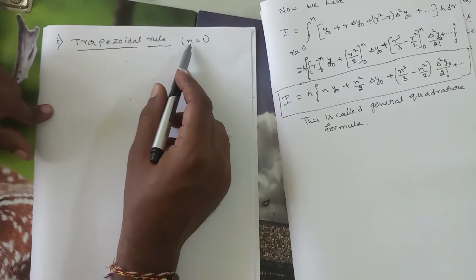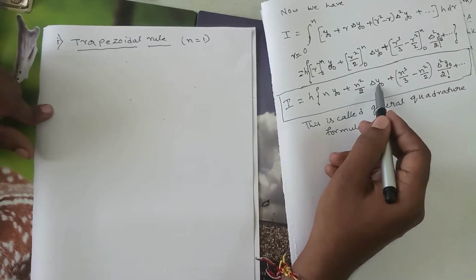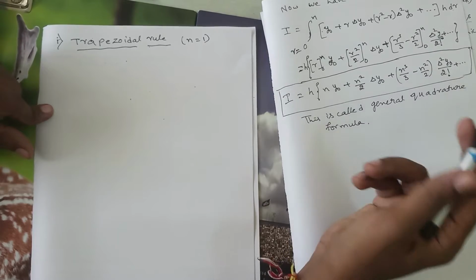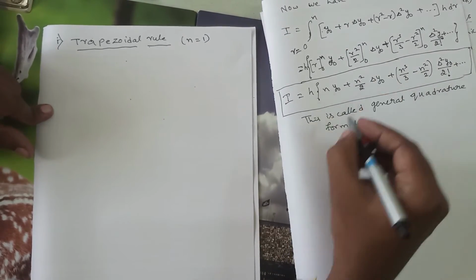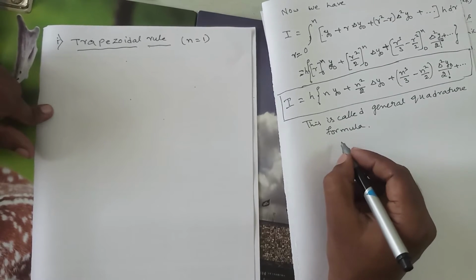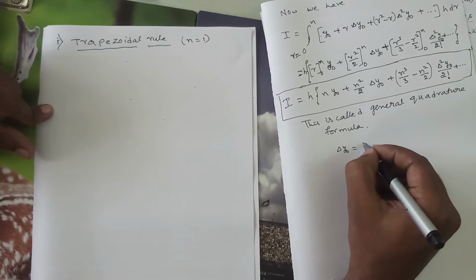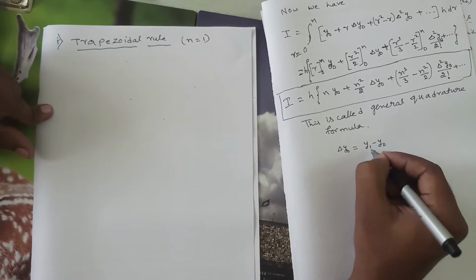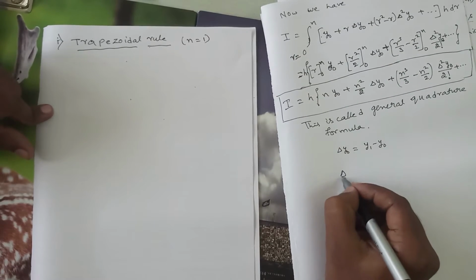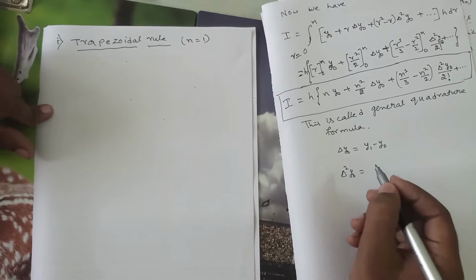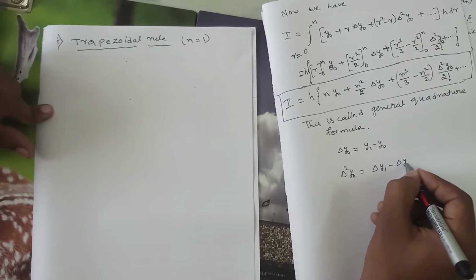So if you put n equals 1 for this one, you'll get y naught plus delta y naught, delta square y naught, and next delta cube y naught. Here y naught can be written as it is. Delta y naught can be written as y1 minus y naught. Delta square y naught can be written as delta y1 minus delta y naught.